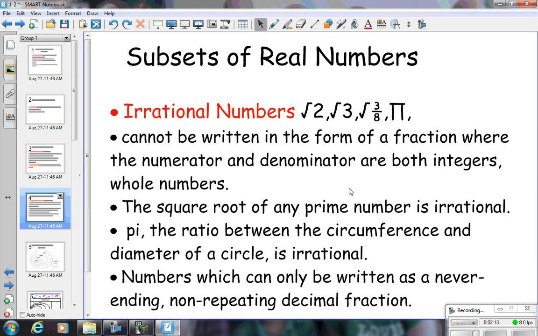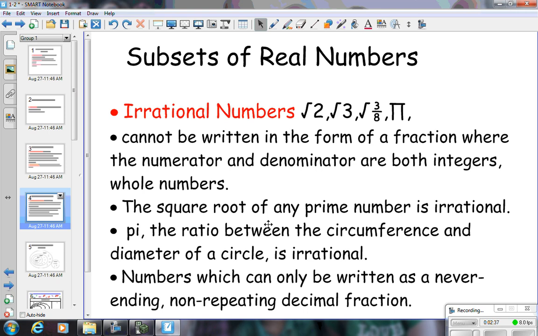The last subset of real numbers is called irrational numbers. The square root of 2, the square root of 3, the square root of 3/8, pi. All of these are irrational numbers. They cannot be written in the form of a fraction where you have the numerator and denominator both integers. So the square root of any prime number is irrational.